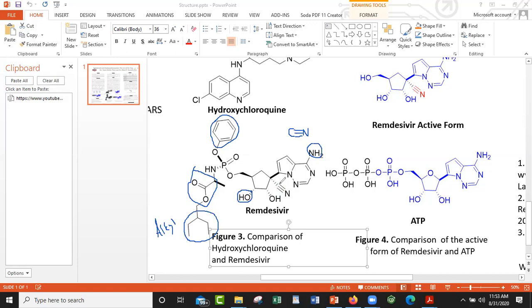Now, don't miss that. That's a carbon on that side. Are you following? For functional group purposes, we call it a nitrile. It's a carbon with a triple bond to nitrogen.